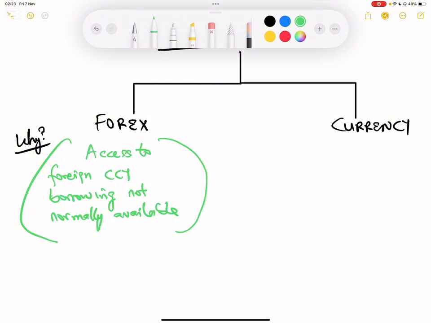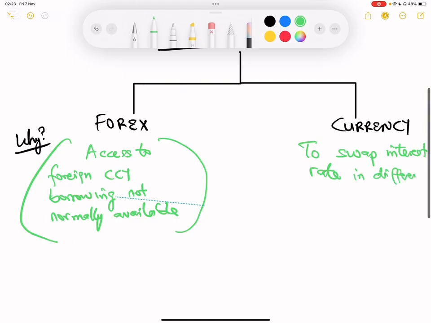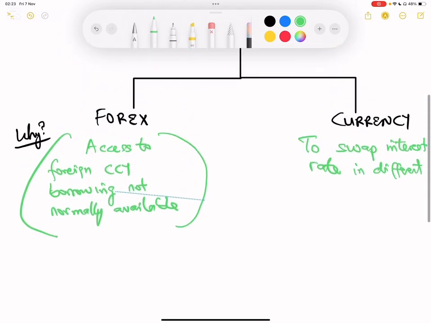So this one is used to swap interest rates. I'm going to explain how both of them work. This is just a way to swap interest rates in different currencies. And what do you get?